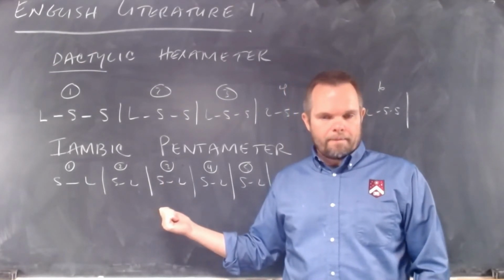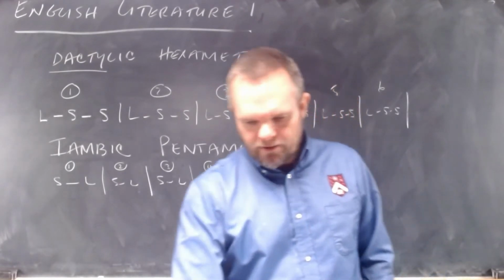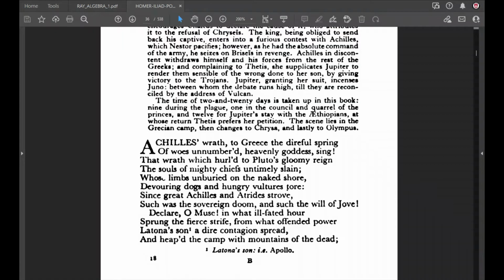Okay? So let's just look at the first line here. And you may see lines of poetry, but this is actually the rhythm of every single line of this poem. And it teaches you how to read it. So you can read it in regular prose like this. Achilles' wrath to Greece, the direful spring. Right? First line of the poem.